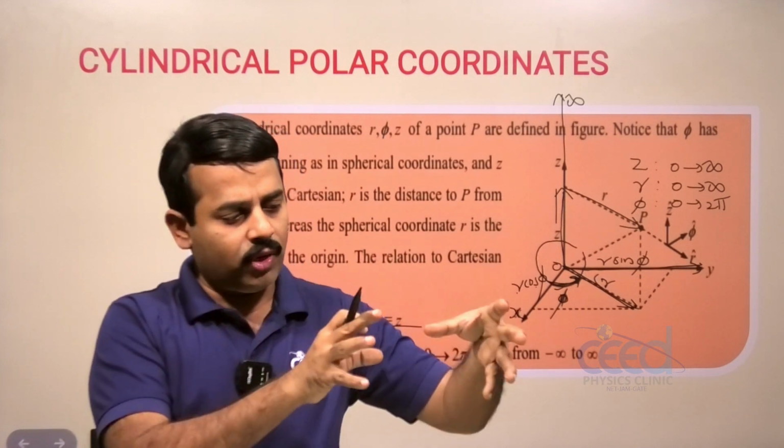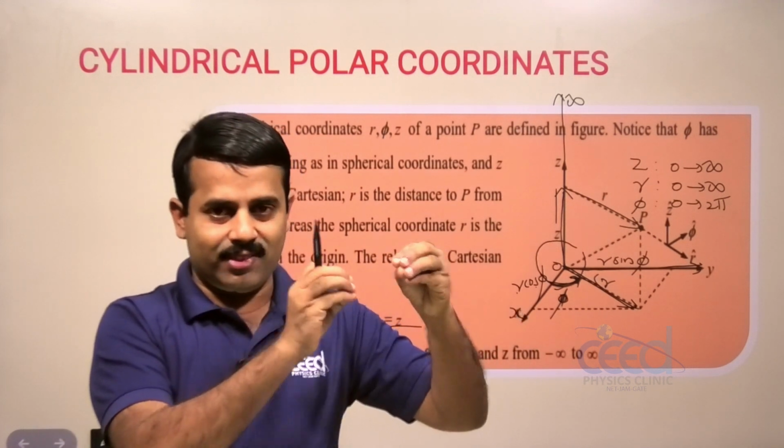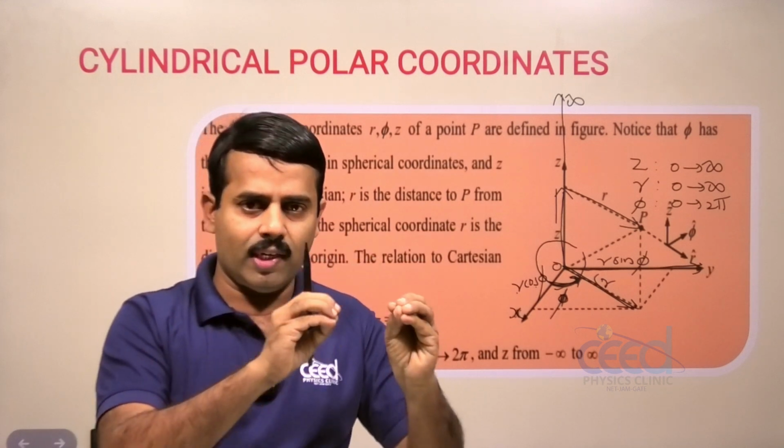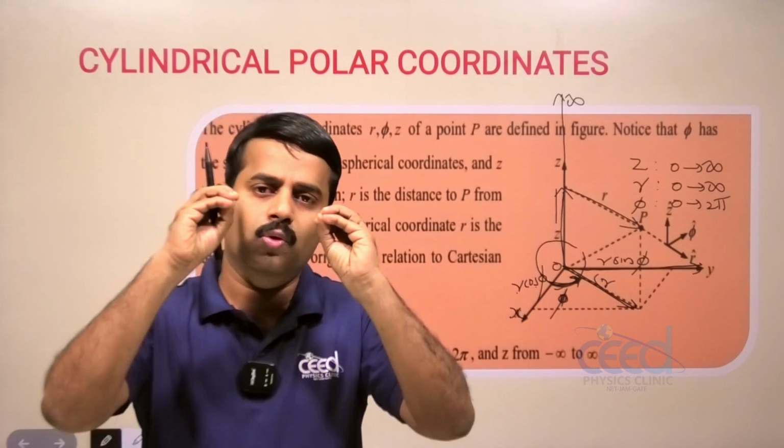So in terms of the Cartesian coordinate system, x is equal to r cos phi, y is equal to r sin phi, z is equal to z.